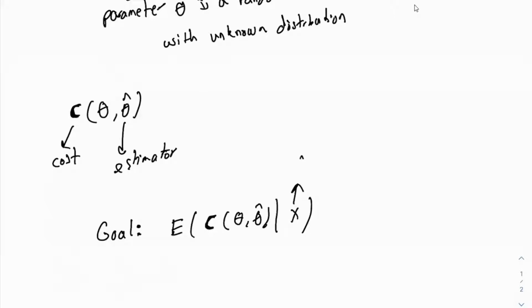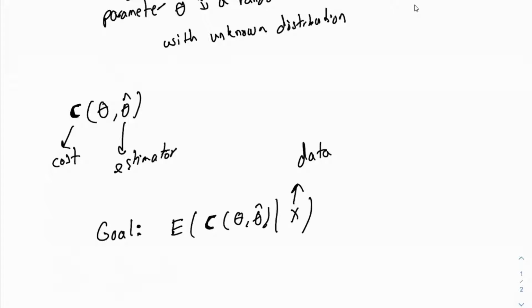This is data. So the goal in Bayesian estimation is usually to minimize some sort of cost function after you observe data. Okay, expected value of this cost function after you observe data.